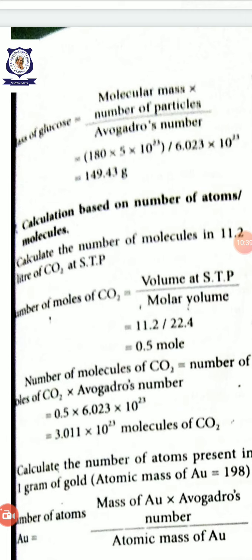What is Avogadro number? 6.023 into 10 power 23. Multiplying 5 into 6, 30, no? So 3.011 into 10 power 23 molecules of carbon dioxide. So in 11.2 liters of carbon dioxide, there are 3.011 into 10 power 23 molecules.